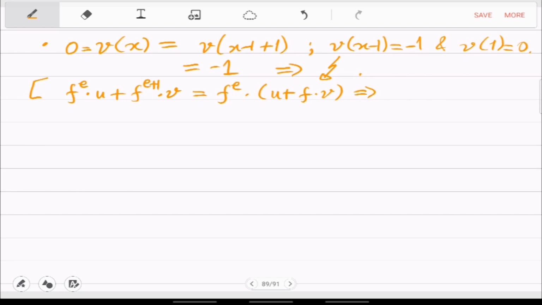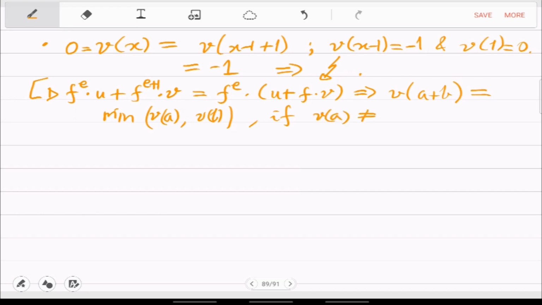So this property actually tells you that valuation of a plus b actually is the minimum if the valuations were different. So this property you have to show first.